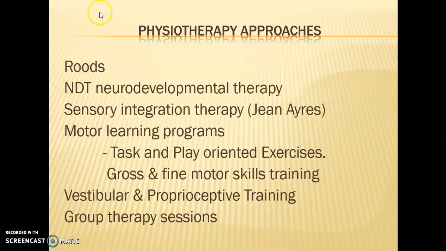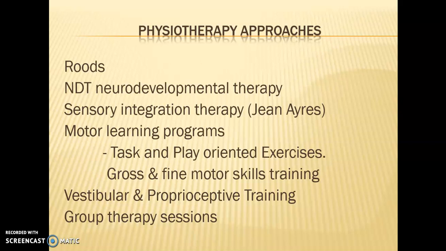So, what are the approaches? Physiotherapy approaches which are very useful for a child with Down syndrome. As all of you know, the Rood approach, according to Margaret Rood. Here it is hypotonia, so you want to create stabilizing techniques.